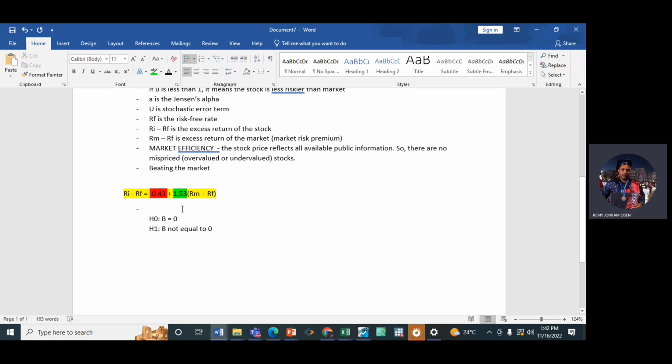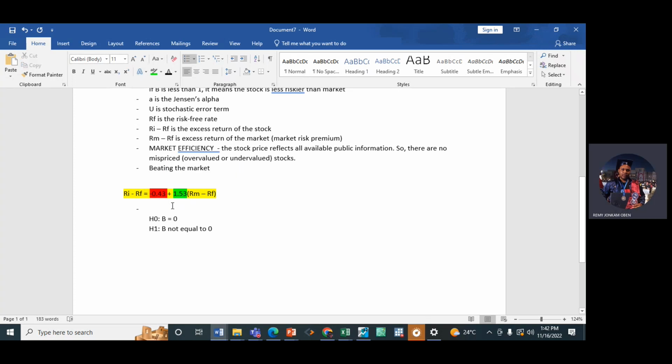Because if the efficient market hypothesis is working, then there is no alpha. It means you cannot beat the market, because if you have positive alpha here, then you are beating the market. You have abnormal returns. If you have negative alpha, it means you are earning less than what you should earn. So it means the market has beaten you. Let me put it that way.